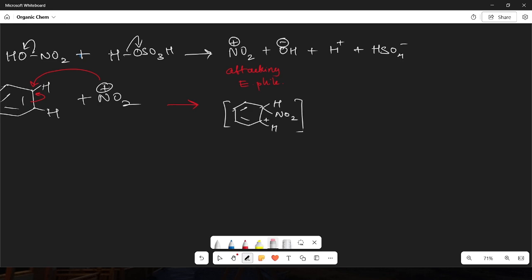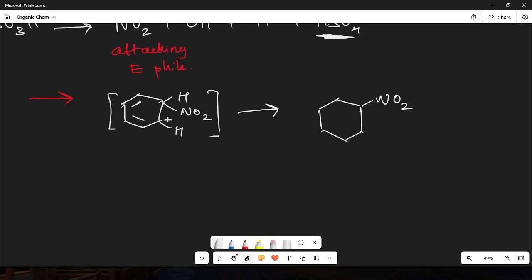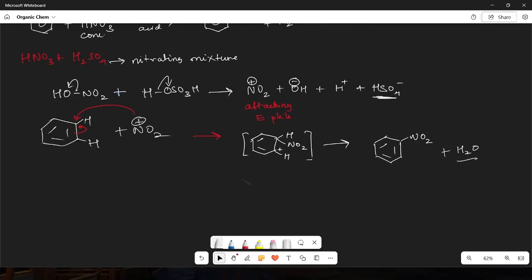This product is really acidic. So, of course, as we know, we have a base here that can neutralize this product. So that's going to work. We're going to get nitrobenzene. These two will form water. That's the end of all your aromatic electrophilic substitution reactions for hydrocarbons.